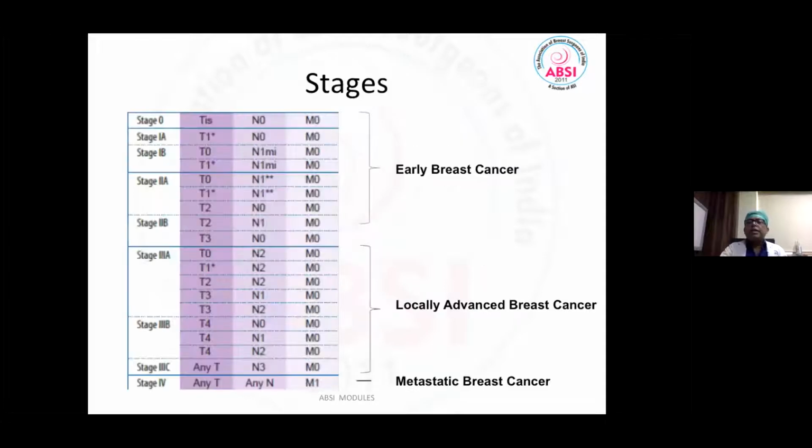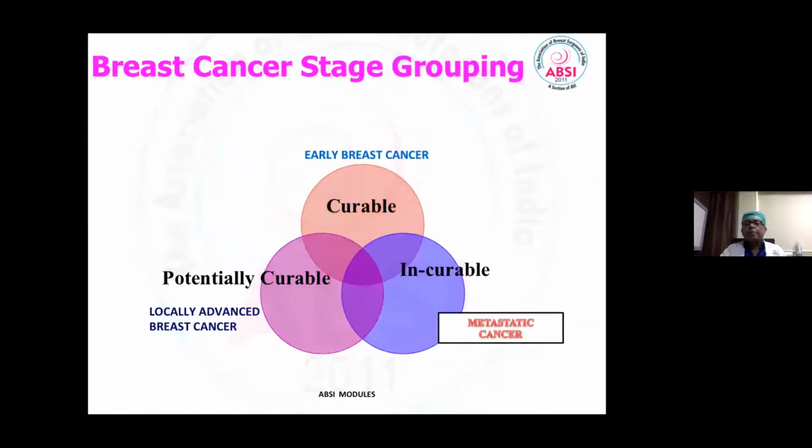The recent TNM has also, apart from the stage grouping, which again most of you know, included precision medicine, which I am not putting in because the module does not permit making things so complex as to make precision medicine part of the stage grouping.